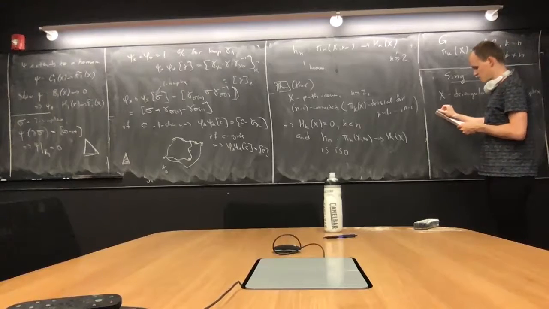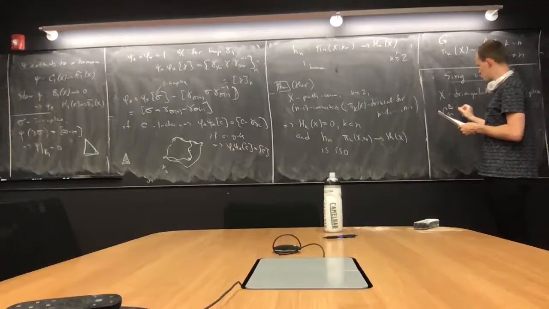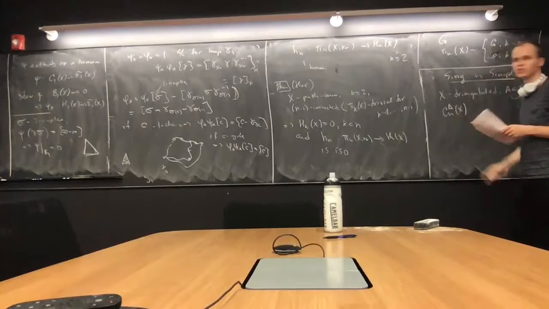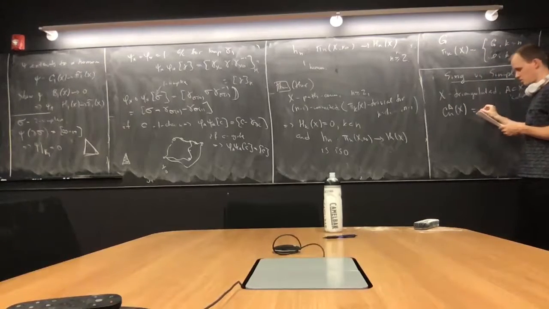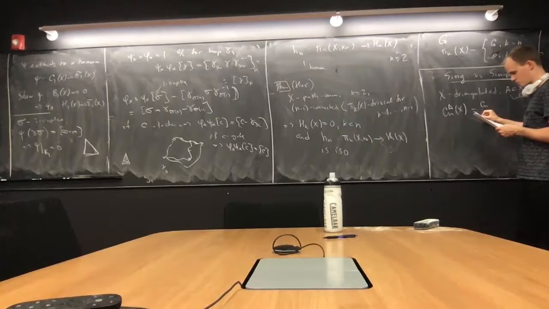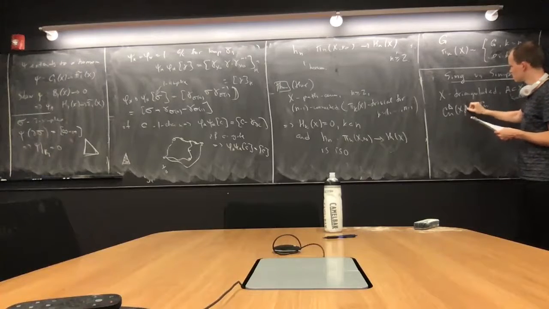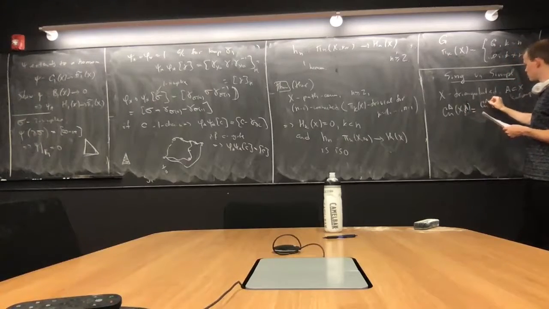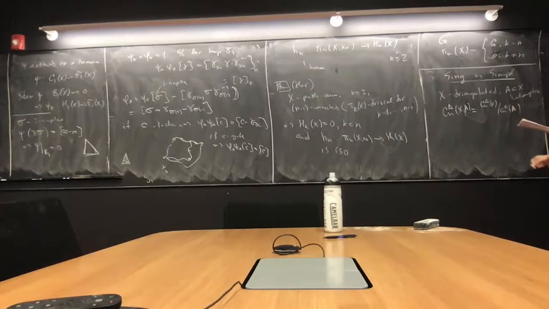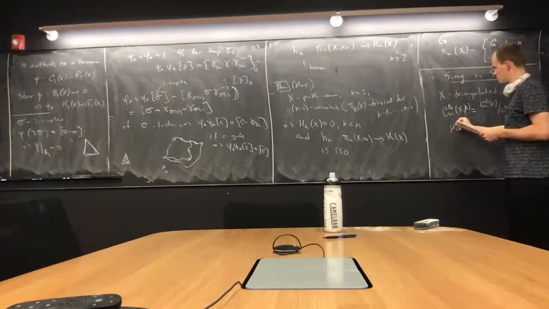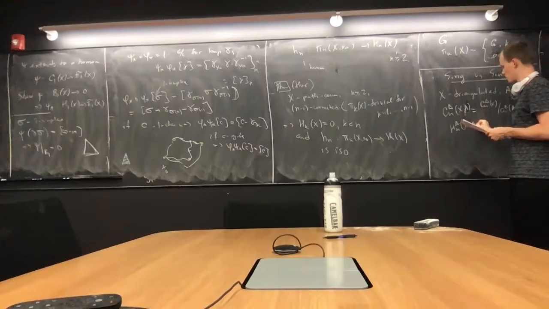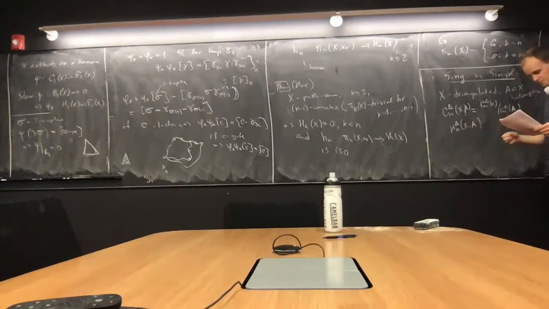Then we can define, as usual, relative chains, simplicial chains in X relative to A, as just simplicial chains in X over simplicial chains in A. And then you have Hn of X, A as usual.